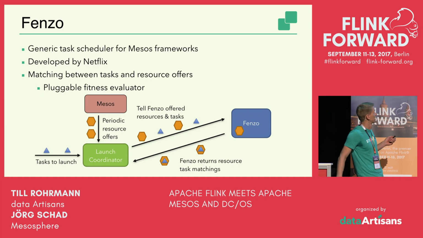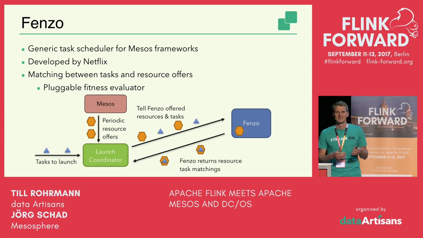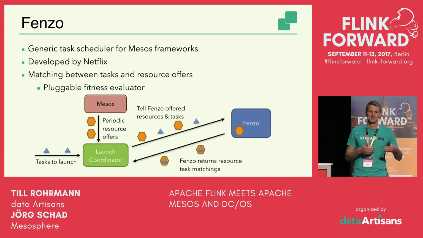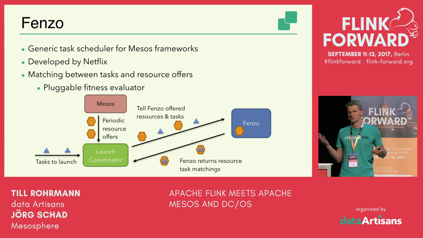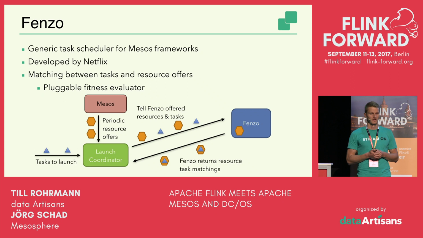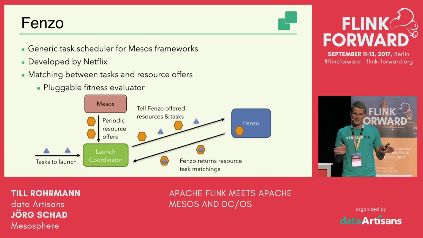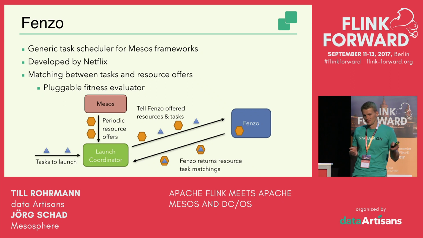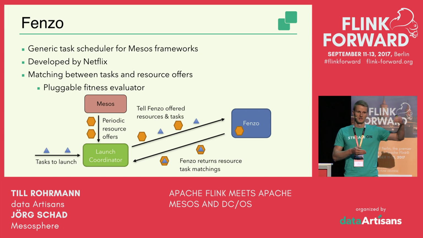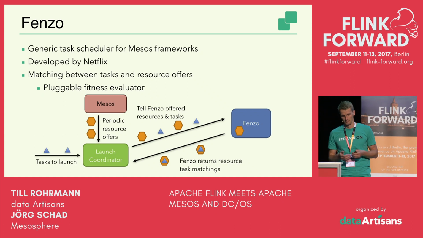So, for example, you can plug in different fitness evaluators, which decide which matching is optimal, or which matching is better than others. For example, you could say, I first want to spread my tasks across as many nodes as possible, or you could say that a matching is better if I first try to fill up a single machine before I go to the next machine. That is possible.